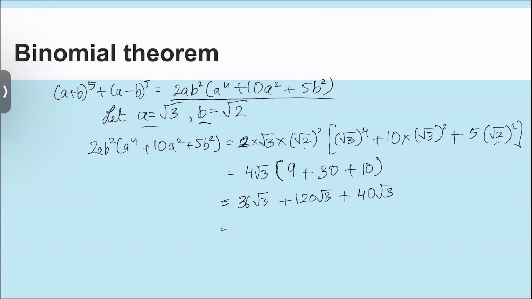What you get is 196 root 3. So this is your final answer. If you are given the values for a and b, when you're solving such questions, excuse me.